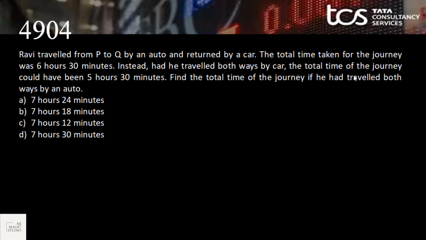If you have reached till here, you must be following the drill, I know. Pause the session, try to solve it yourself. Ravi travelled from P to Q by an auto and returned by a car. The total time taken for the journey was 6 hours 30 minutes. That means time taken by auto plus time taken by car is equal to 6.5 hours.